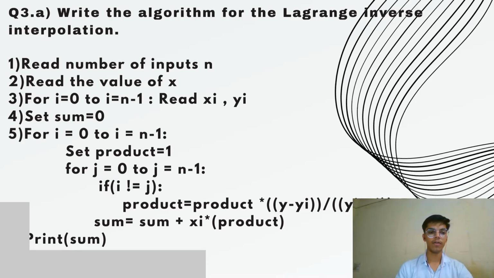Now we will again use a for loop for i equal to 0 to i equal to n minus 1. Now we will set product equal to 1.